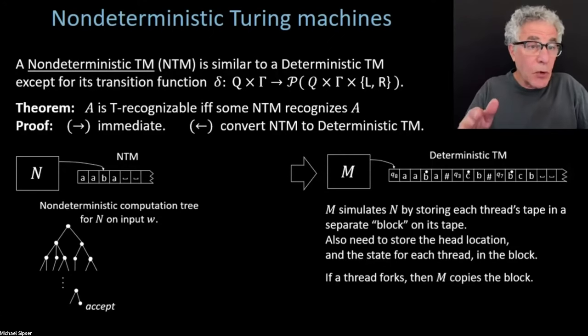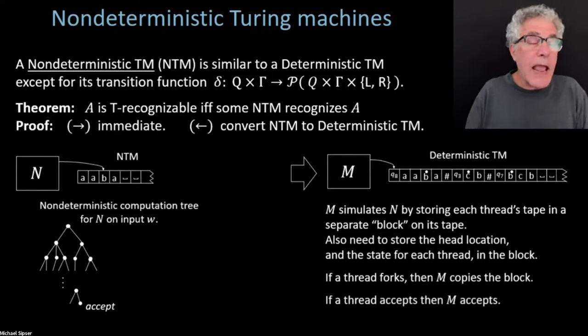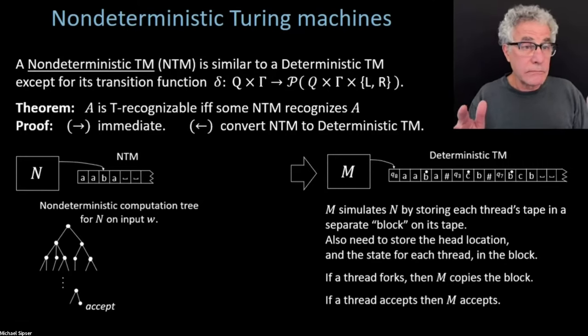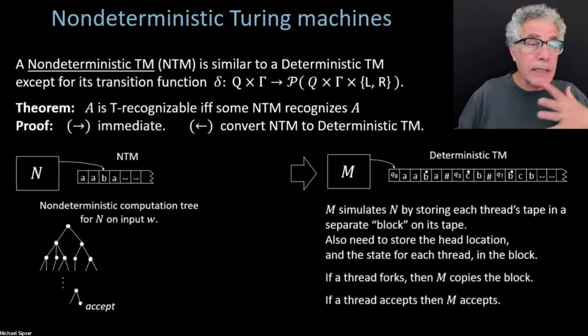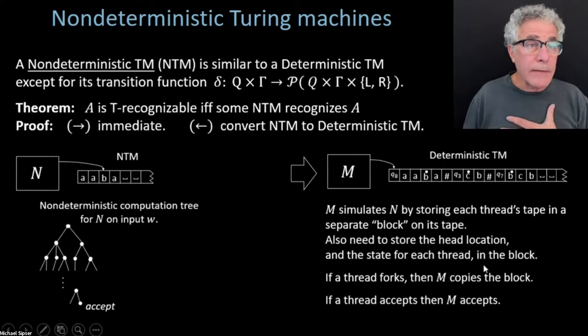So you want to represent them all on different blocks of M's tape. All right? And then if M ever finds out that on one of the threads it's entering the accept state, it can just shut down the whole computation at that point and say accept. Okay, so perhaps a little elaborate, but I think conceptually, hopefully, not too bad.